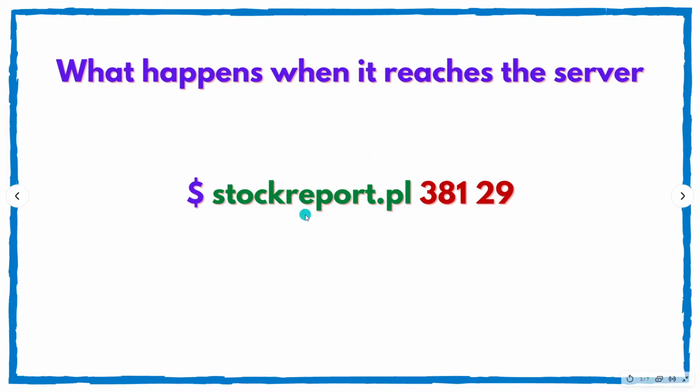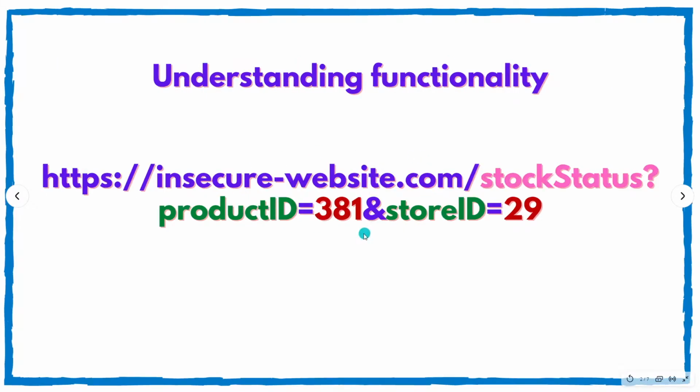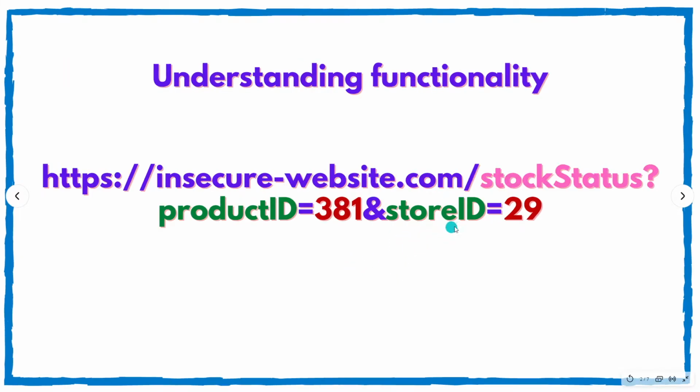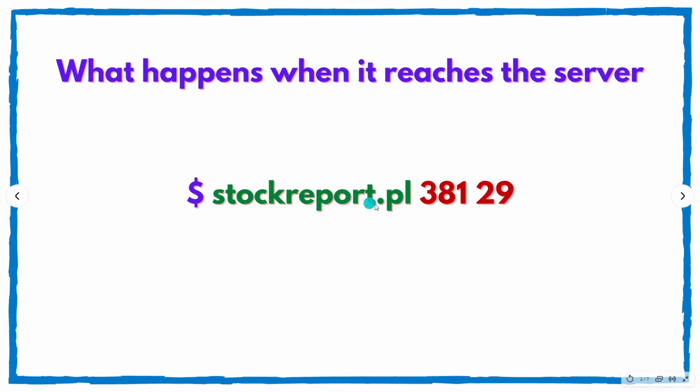Whatever we pass in these URL parameters, the product ID and the store ID, like here we have passed 381 and 29, goes straight to the script that we are running for checking the stock. So 381 and 29 are passed straight away from product ID and store ID because the script expects them to be in that format.